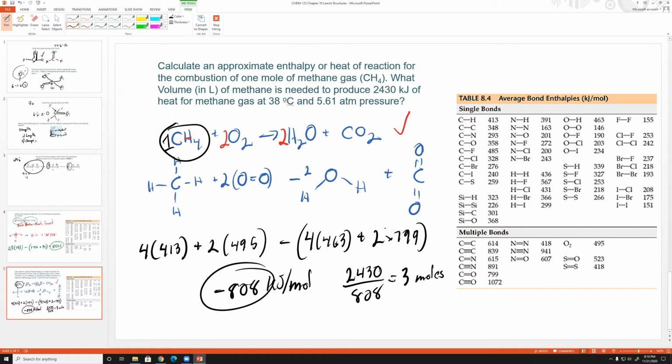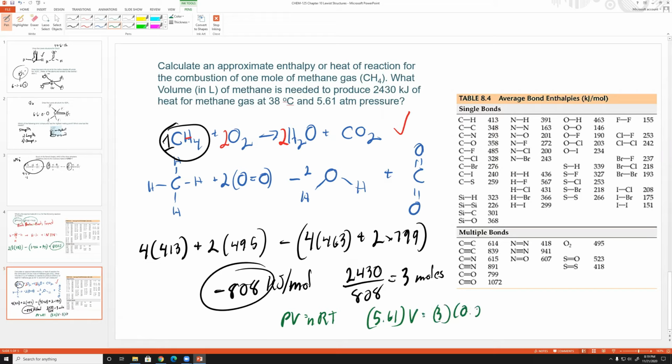So now it's saying what volume of methane is needed to produce that amount with those parameters. We have our moles. We have our temperature. We have our pressure. We're looking for liters. Ideal gas law should be the first thing you think of. And that's exactly right if you were thinking it. So PV equals nRT. Our pressure is 5.61 atm. Our volume is unknown, so write it as V. Our n is exactly 3.